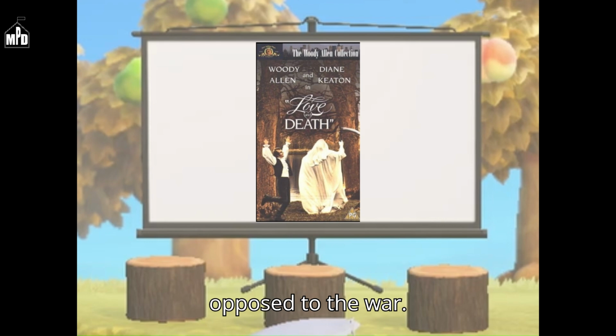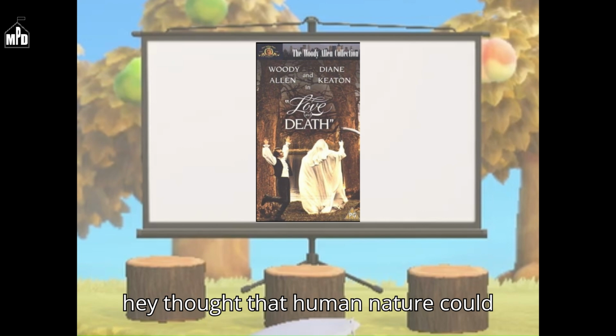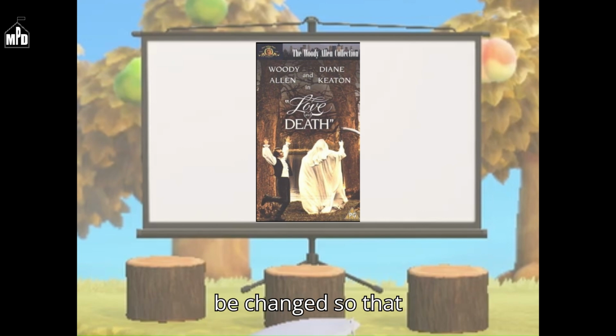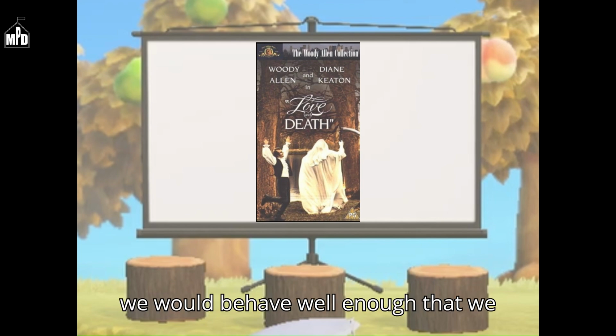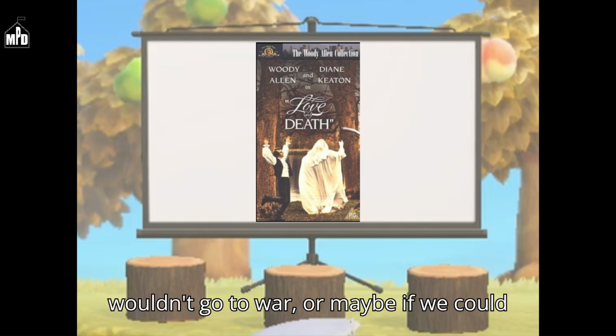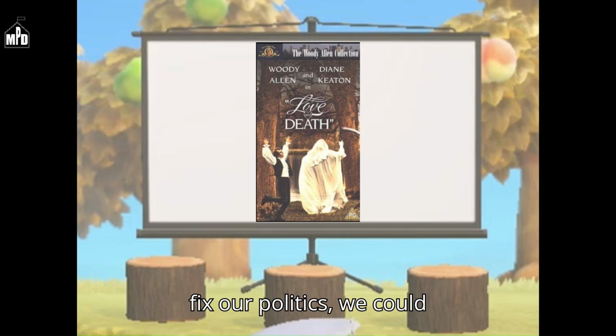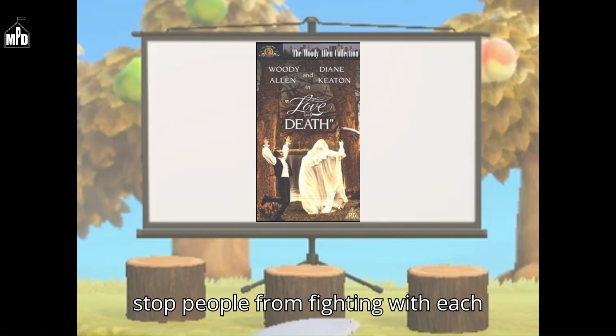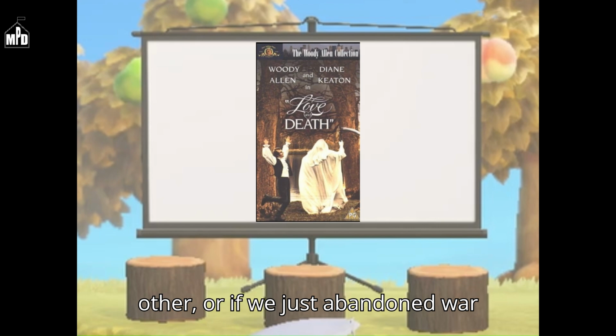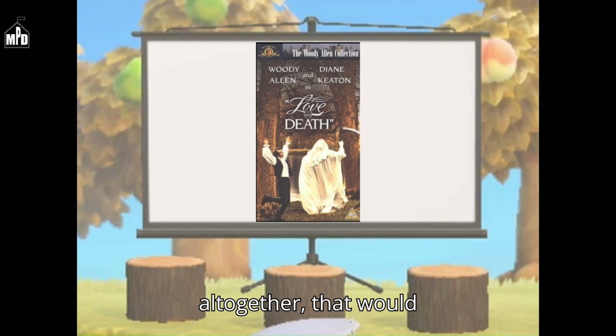They were opposed to the war, and they thought that human nature could be changed so that we would behave well enough that we wouldn't go to war, or maybe if we could fix our politics, we could stop people from fighting with each other, or if we just abandoned war altogether, that would be enough to bring world peace.